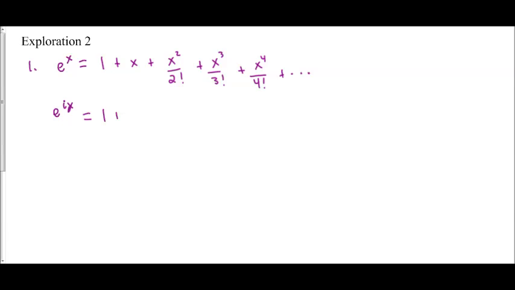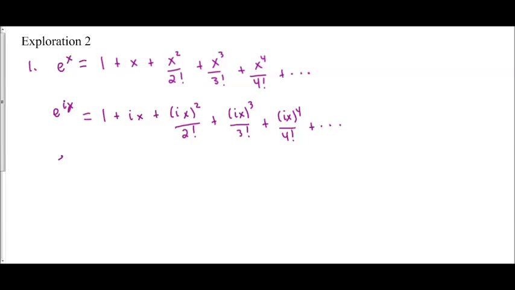So I'm going to have 1 plus ix plus ix squared over 2 factorial plus ix cubed over 3 factorial plus ix to the 4th over 4 factorial.